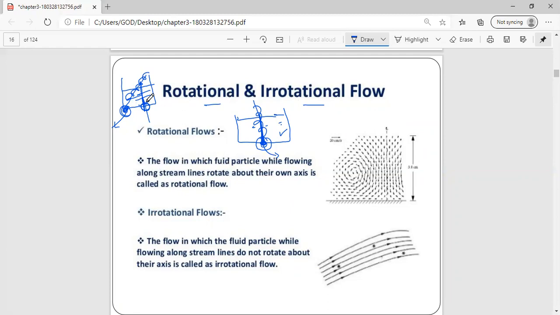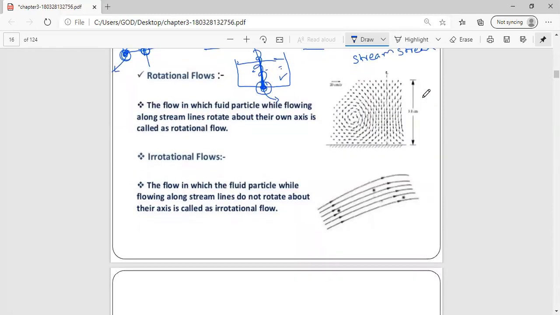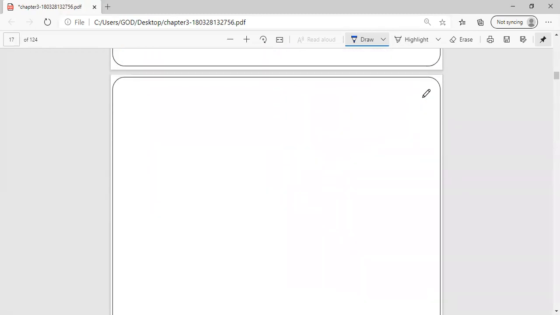Okay, based on this only we have two more flows, stream flow and streak flow, that we will discuss in coming chapters, coming slides. So I'll tell you the total summary. First, steady flow.